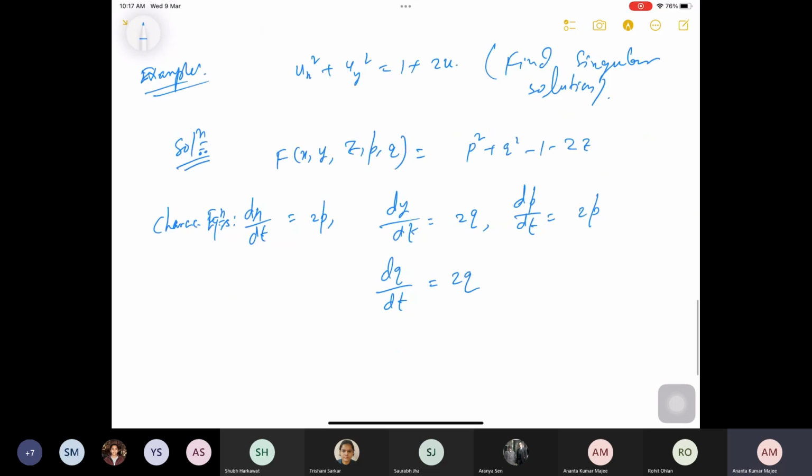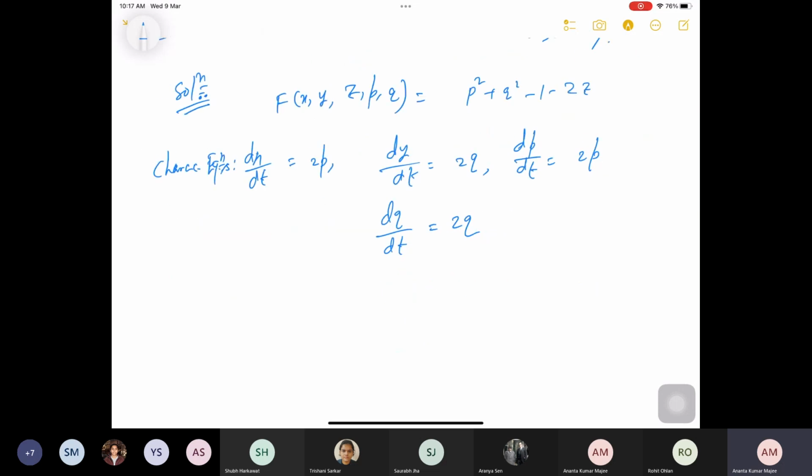Okay. So now if you solve these things, we have p equal to c1 times e to the power 2t, q equal to c2 times e to the power 2t. And hence from here, p by q is c1 by c2, so I can think of p by q as equal to some other constant, say a.